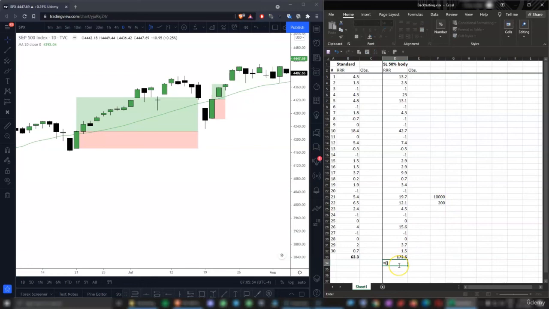So in here, if I do this one multiplied by the number of R, and then I do here equals this one multiplied by the number of R, this means that you'll add an extra $34,000 to your $10,000.